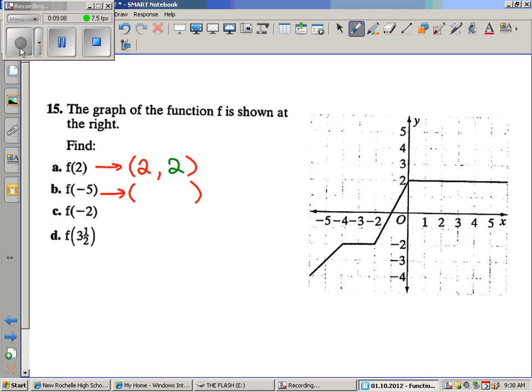F of X. So negative 5 is taking the spot where there is normally an X. So go over negative 5 units in the X direction, and then find the Y that goes with it. And so it's going to be negative 3. That's how these work. It's not bad at all. In fact, this is one of the easier tests that you take in this class. It's just a matter of learning to read what they're doing.